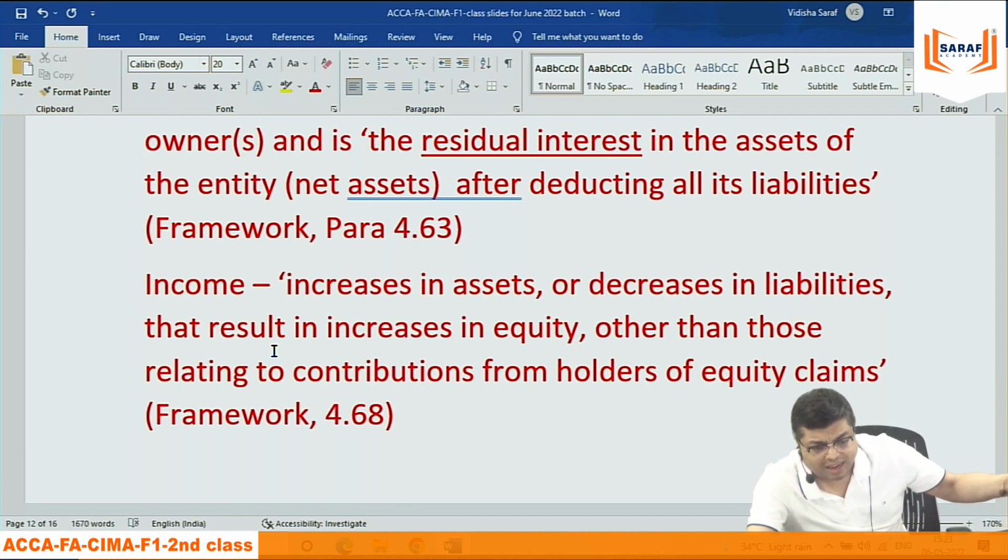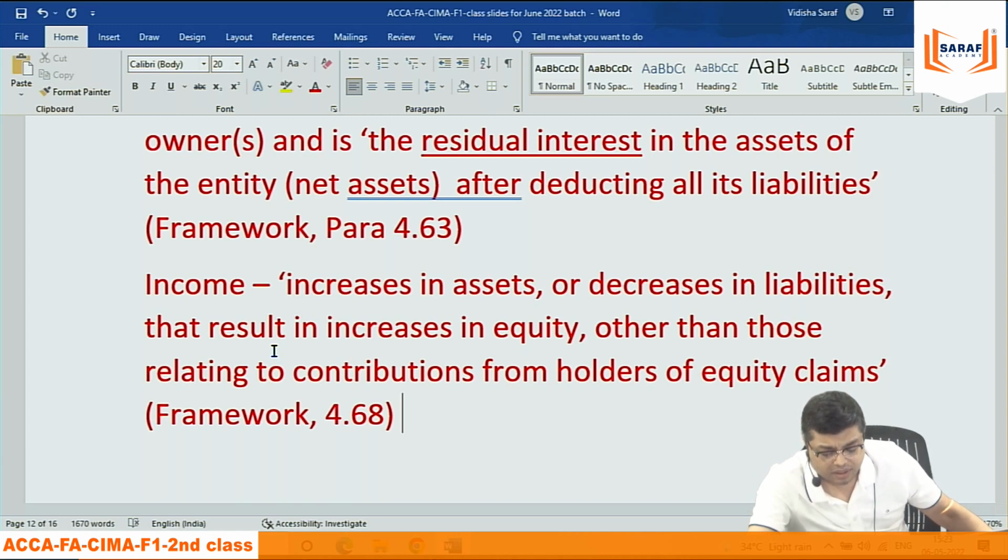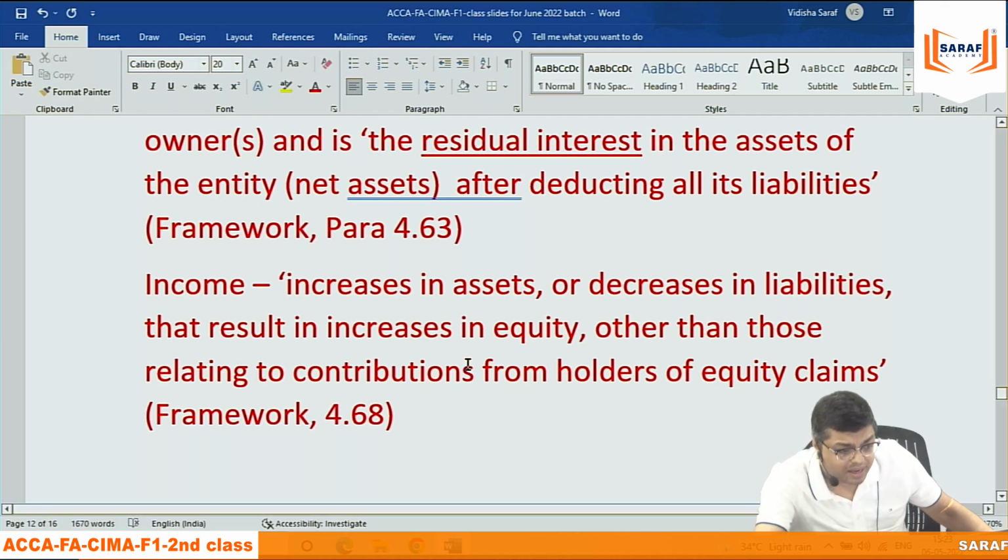But suppose in place of 1,000 you are paying 900. 1,000 के बदले you are paying 900. Then आप 1,000 के बदले 900 pay कर रहे हो. Then what? Liability is reducing by 1,000, asset is reducing by 900. Net me, liability is decreasing by 100 more. That is an income. Because you are getting a discount, that is an income.